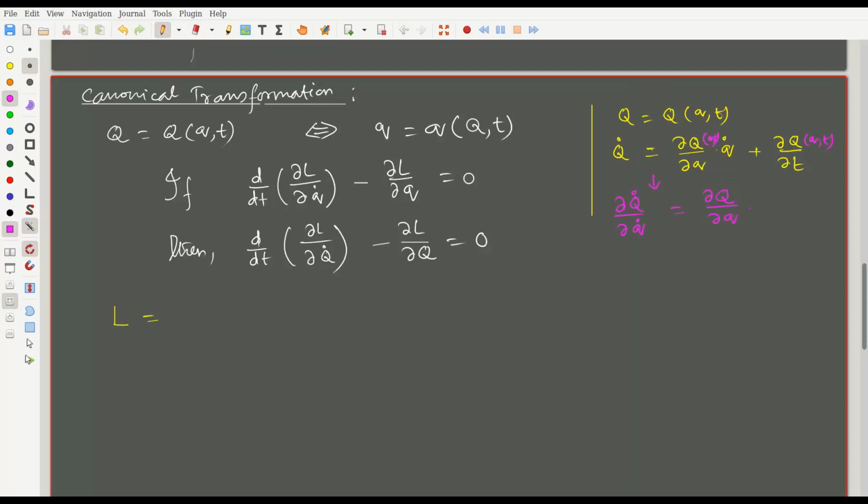The reason why ∂Q̇/∂q̇ is ∂Q/∂q is that only this term depends explicitly on q̇. And that's why I get ∂Q̇/∂q̇ equals ∂Q/∂q.